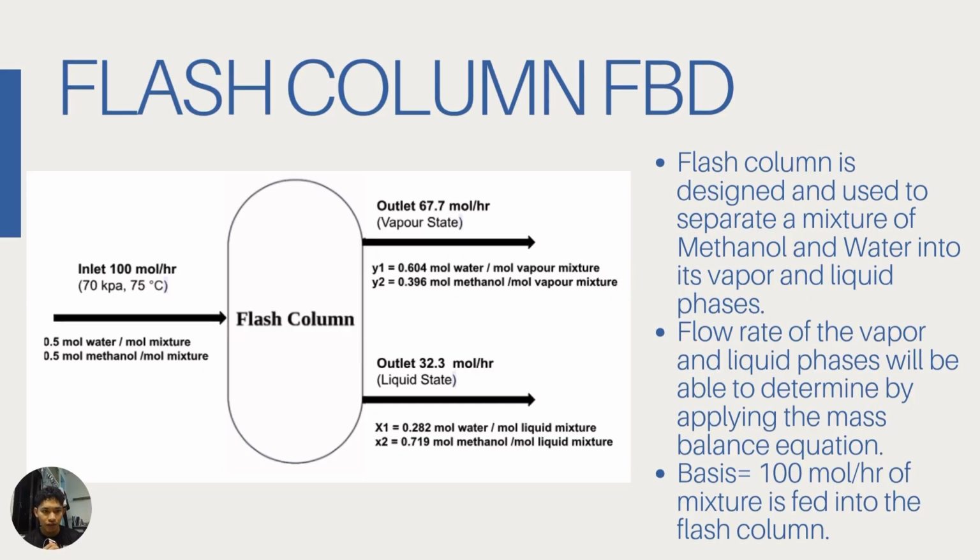We get two outlet streams: the vapor phase at the top and the liquid phase at the bottom. The compositions of the vapor and liquid streams will be obtained later. The further calculation will be explained by Arif and also Chad.